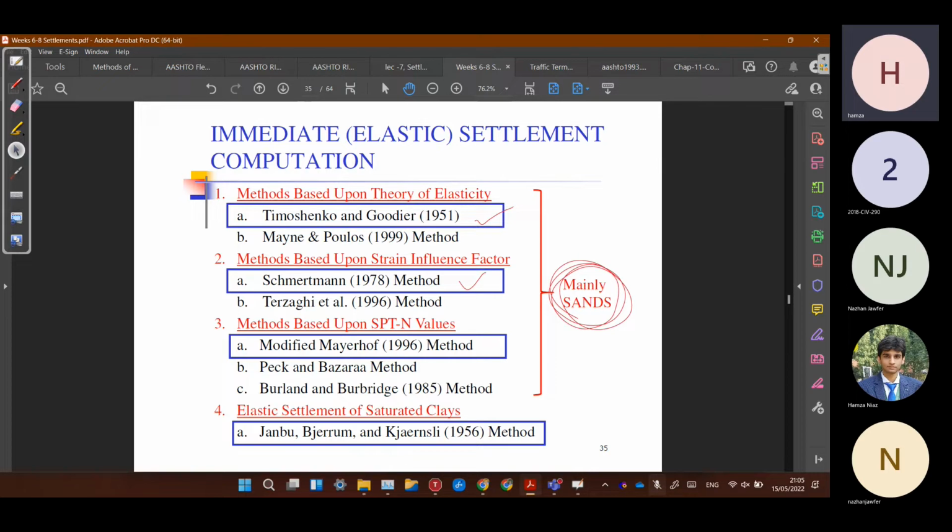So if our soil is sandy, the method we are going to apply is Timoshenko or Schmertmann. And if the soil is clay, for the settlement of saturated clays, we are going to use the Janbu method, like in the example. In the example, they have used the Janbu method, most probably because we have to find the consolidation settlement as well. So only a clay layer would be given, so there is more focus on the Janbu method.